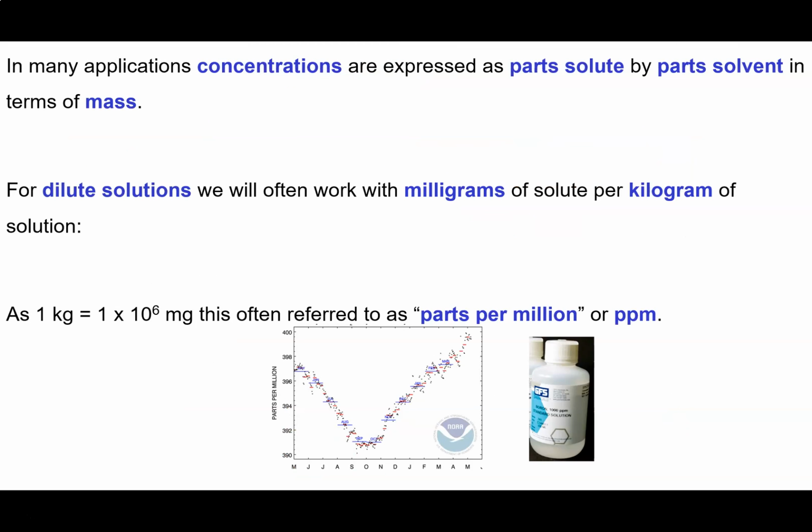So those are the two most common calculations that you'll be doing involving molarity. In some applications, molarity isn't the best thing to be using. If you think about this, the molar mass of sodium chloride is about 58.4 grams per mole.